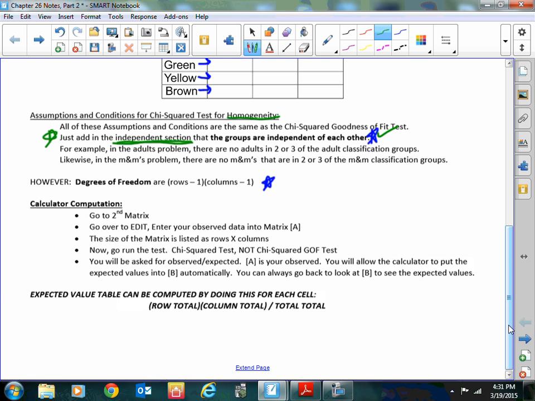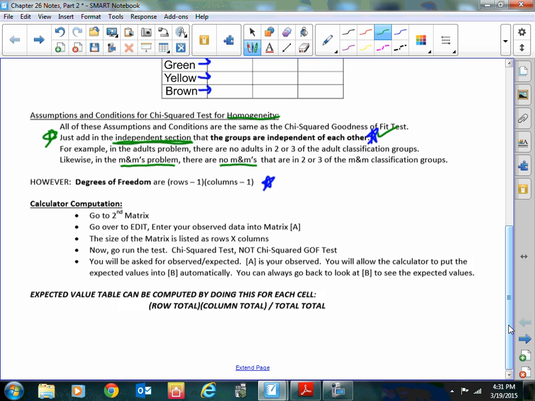Likewise in the M&Ms problem, there are no M&Ms in two or three of the classification groups. There's not an M&M in the peanut butter, peanut, and regular.